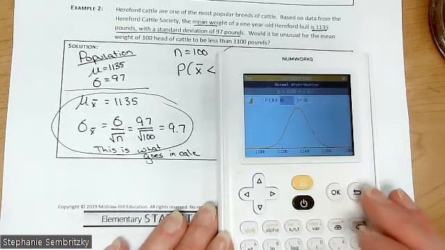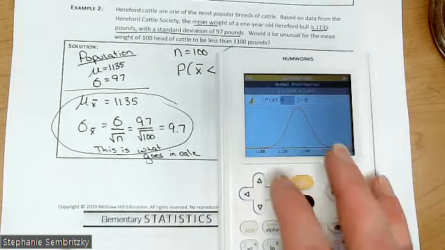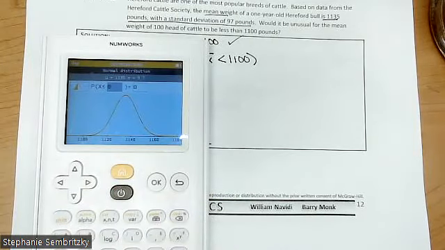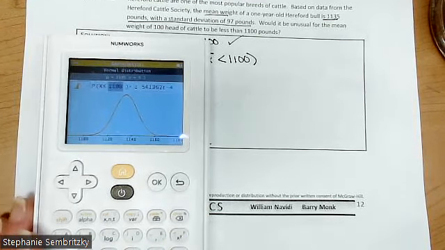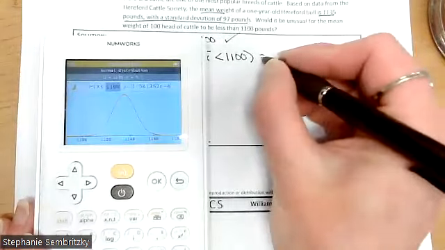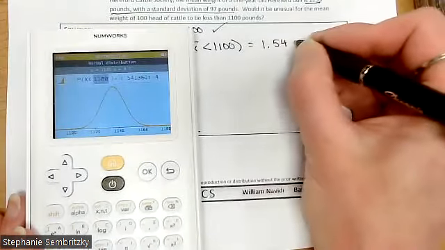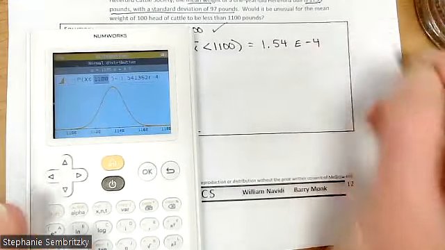And we want to know the probability that the average weight of the cattle in 100 head of cattle is less than 1100. Ooh, I got 1.54, and then it says E -4 at the end.